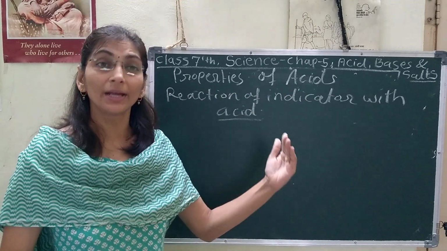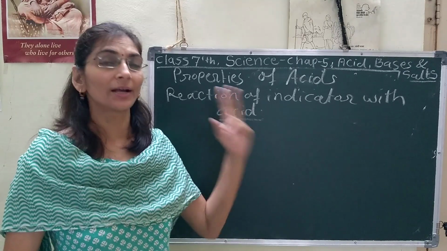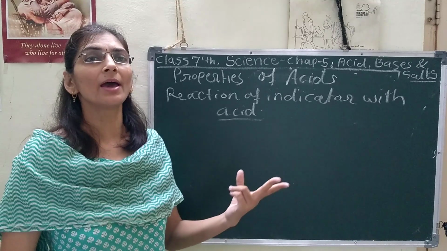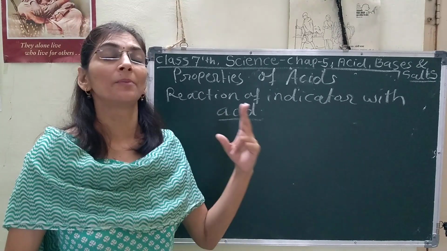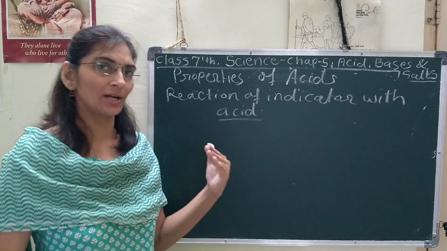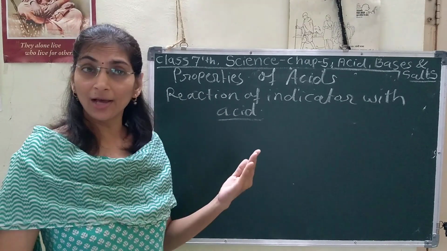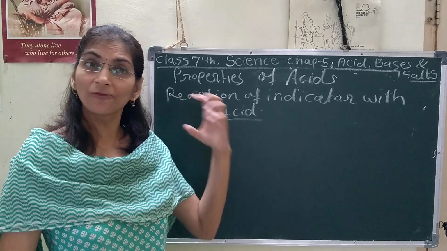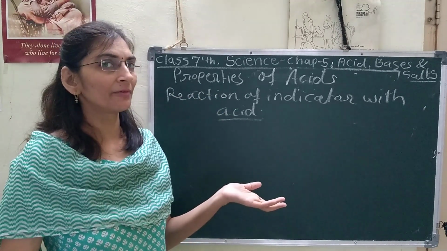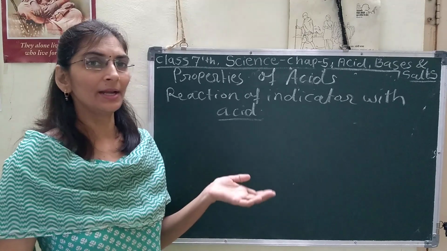One is turmeric indicator, this is a natural indicator. Second is the very standard indicator we use in lab and everywhere, litmus paper. This is also from the lichen plants, also a natural indicator. Then China rose indicator, meaning hibiscus flower indicator, and the chemical indicator phenolphthalein indicator.